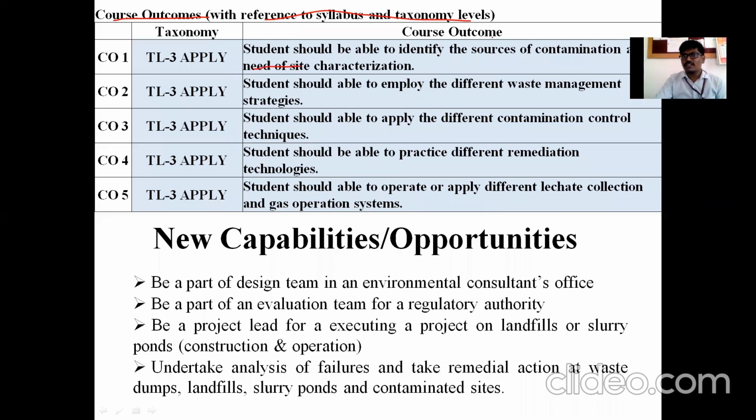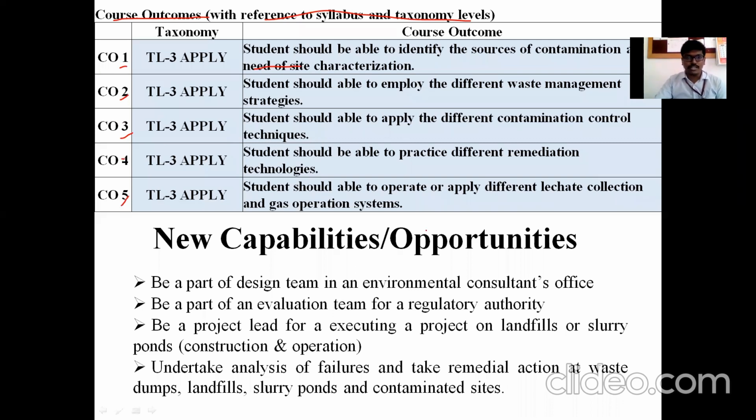Whatever you have seen in the objectives is repeated here in terms of the outcomes of the course. Similarly, you can go through the outcomes of unit 1, unit 2, unit 3, unit 4 and unit 5 here.